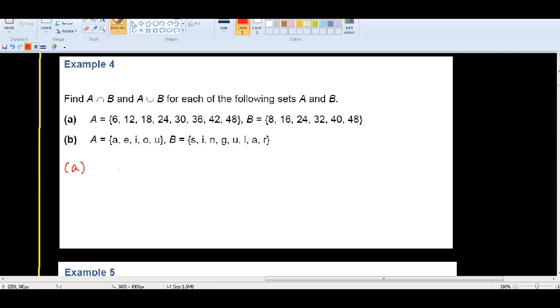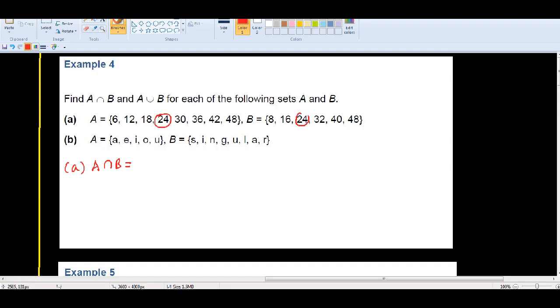For example, for A, if you are going to do intersection, you need to find the common elements in both sets. So we can go one by one. 6, is there 6 in B? No. So 6 is not the common one. 12? No. 18? No. 24? Yes.